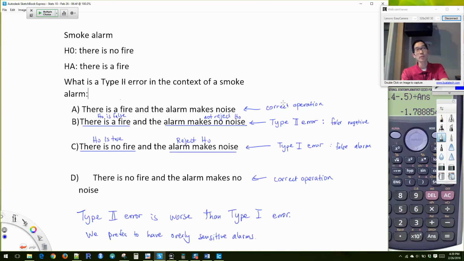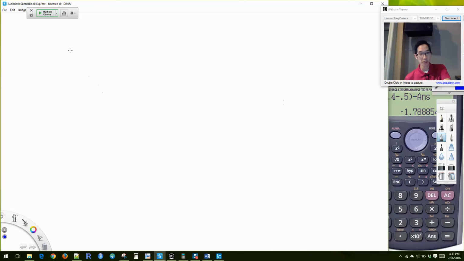So we can relate this back to our choice of a significance level. It turns out that the significance level alpha is equal to the probability of a type 1 error.